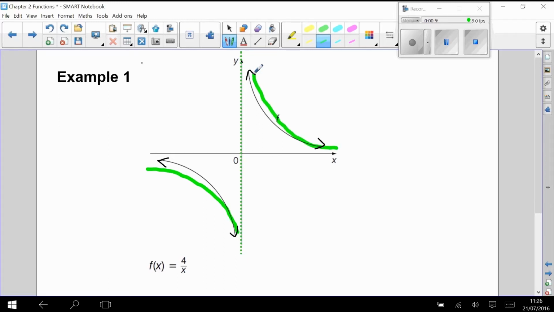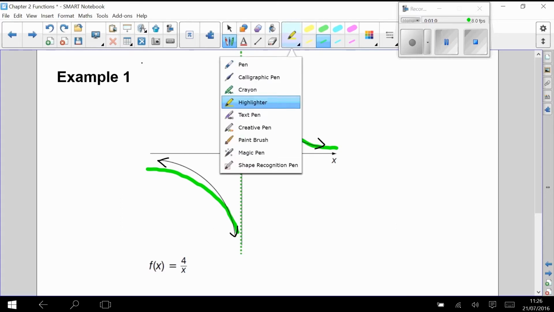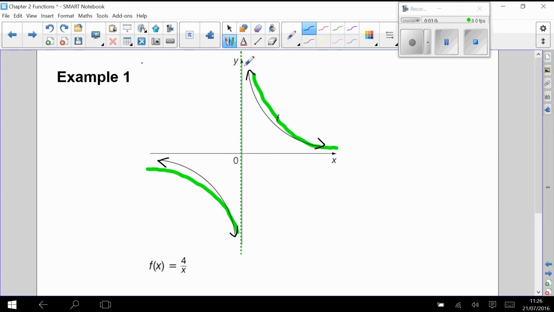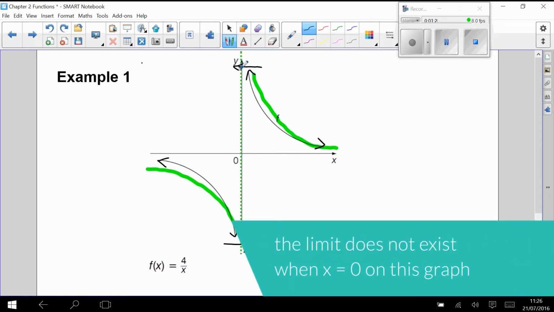Well, you can see that my graph has not reached the same height. If I approach it from negative infinity, my graph is approaching negative infinity for my height. And as I approach my asymptote from the right, my graph is approaching positive infinity. Well, negative infinity is not the same as positive infinity. So it looks very clear that there is no limit in this graph.